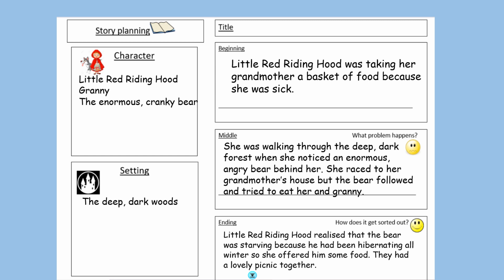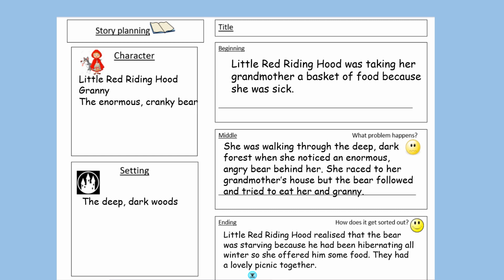She raced to her grandmother's house, but the bear followed and tried to eat her and Granny. So in the middle of the story, there's still an animal that's trying to eat Little Red Riding Hood, and she still goes to her granny's house, but I've changed it just a little bit. It's not quite the same as where the wolf came up with a cunning plan. I've changed mine to make my own version of the story.